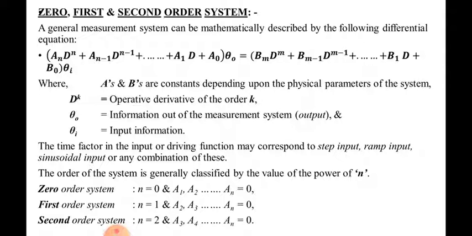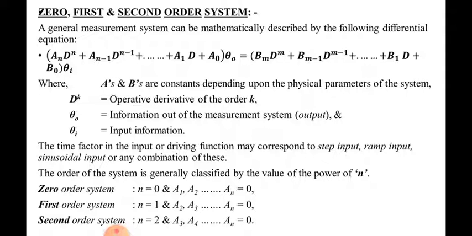The time factor in the input or driving function may correspond to step input, ramp input, sinusoidal input, or any combination of these. The order of the system is generally classified by the value of the power n.